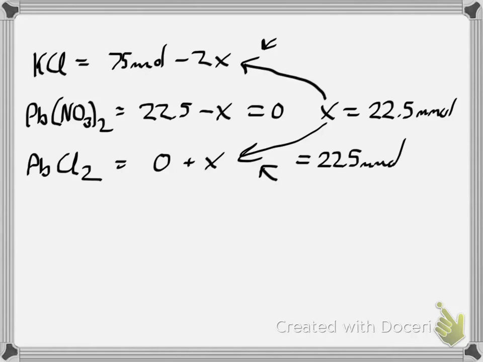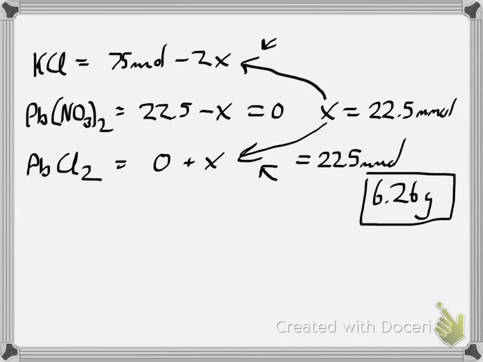Multiply that by the molar mass, and divide by 1,000 to convert to moles, and you come up with something like 6.26 grams of lead(II) chloride would be the theoretical yield.